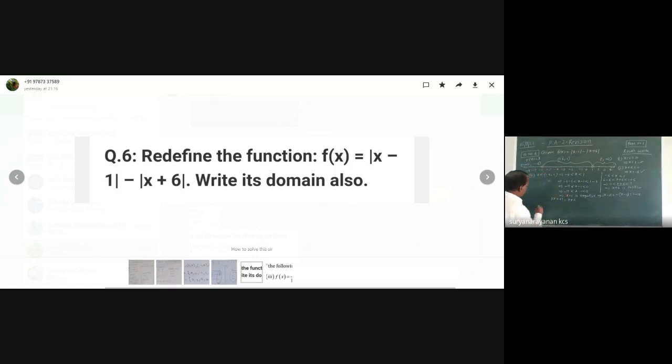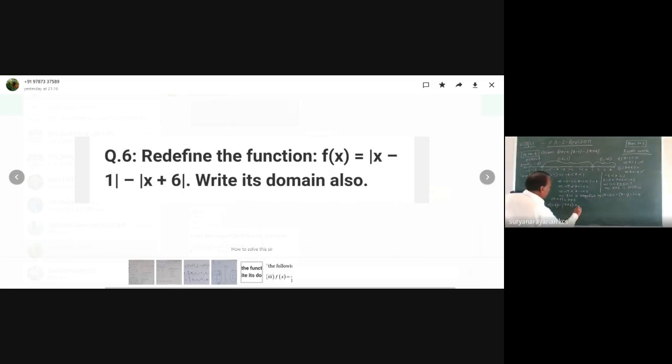Now, therefore, f of x is equal to mod x minus 1, which we got as 1 minus x, minus mod x plus 6.